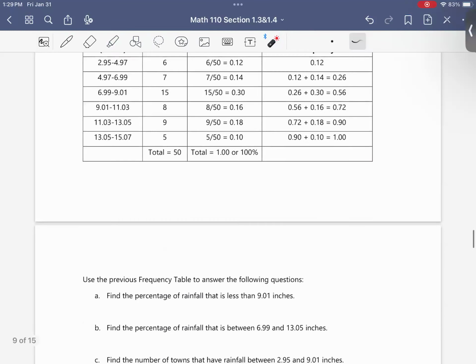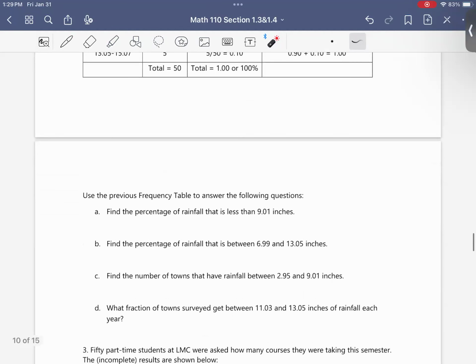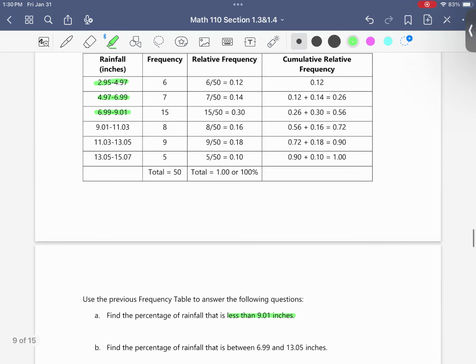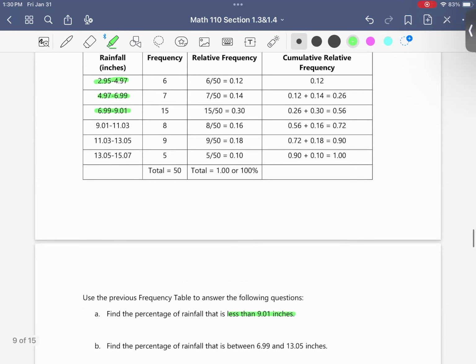So on the next page, part A says, find the percentage of rainfall that is less than 9.01. So less than 9.01, that's going to fall into these rows highlighted. Rainfall that is less than 9.01.